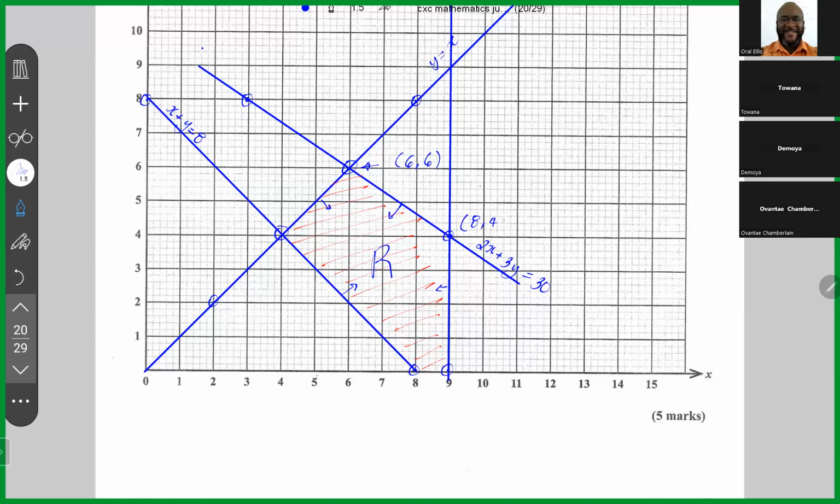So what that is saying to me is that if I have 6 cars and 6 minivans, I'll be able to carry exactly 60 people. Also, if I have 8, sorry, it's not 8, it's actually 9, 4.